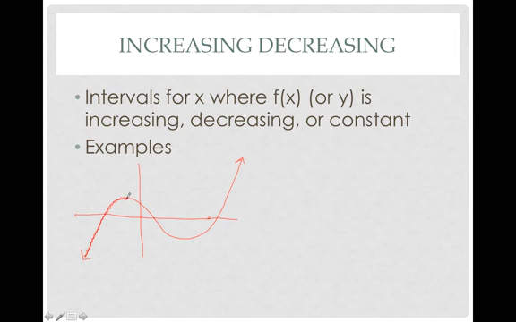And it's increasing right to that point. So that point is very important to us. Then from this point, it starts to decrease. And it continues to decrease right to that point right there. We're going to later call that a minimum. The other one we're going to call a maximum. And from there, it begins to increase once again.